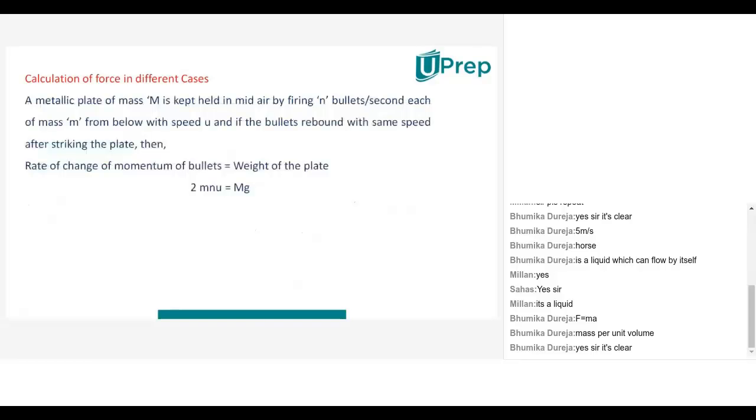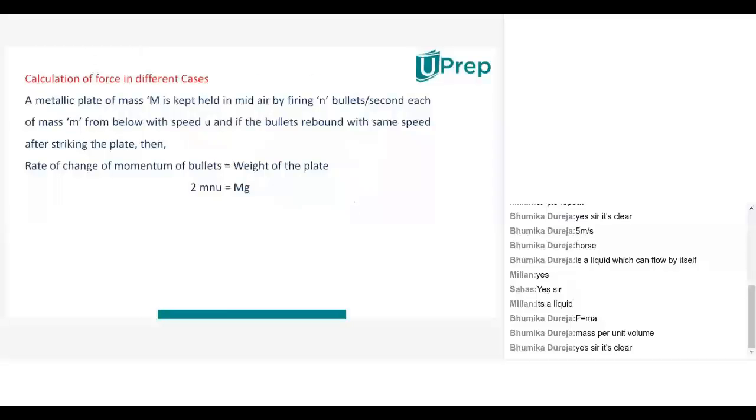Okay. And now calculation of force in a different case. One more is also given. A metallic plate of mass M is held in midair, firing n bullets per second, each of mass m from below with the speed u.